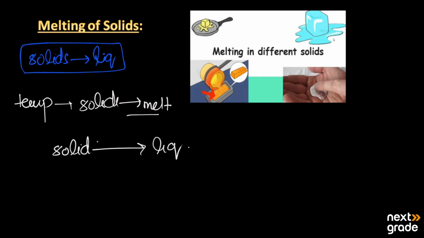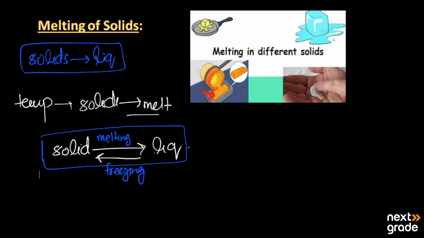This process we call the melting of solids. The melting point is the temperature at which the solid starts to melt, and there is a dynamic equilibrium. The solid changes into the liquid, which we call melting, and the liquid changes into the solid, which we call freezing. So a state comes when these two physical states, liquid and solid, coexist. That temperature is known as the melting point.